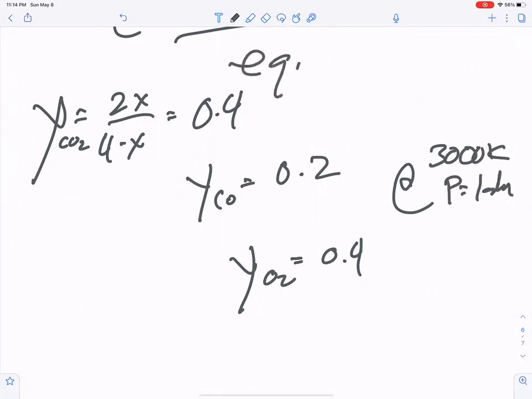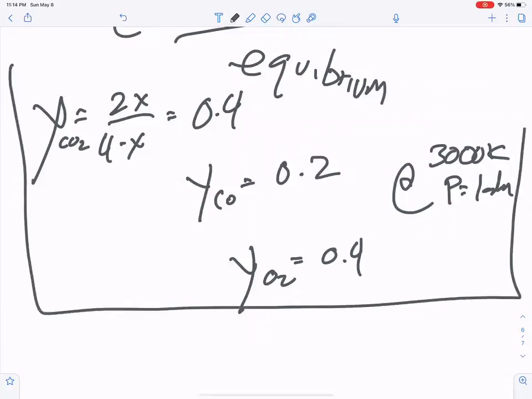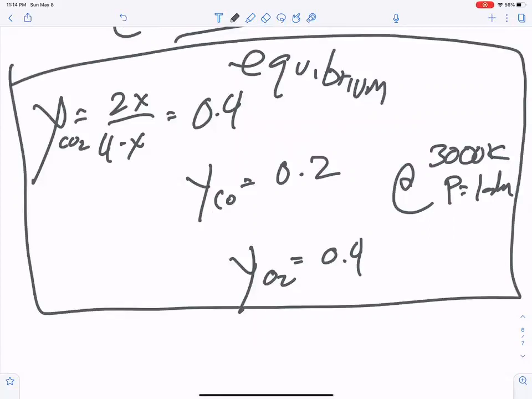This is all the equilibrium component concentrations. All right, I'm going to pause this one and come back with another example, and email me with further questions.